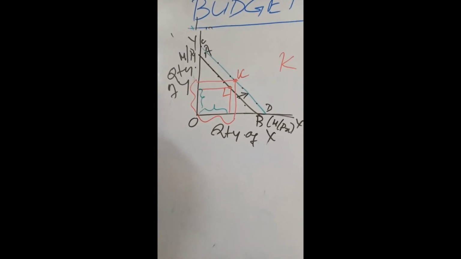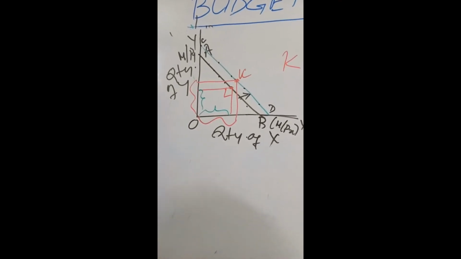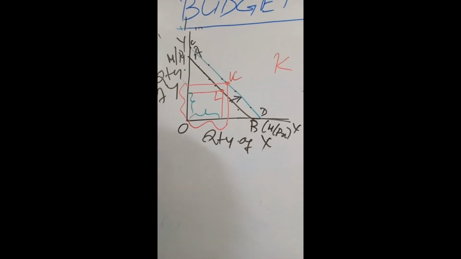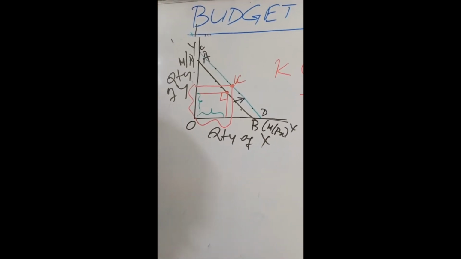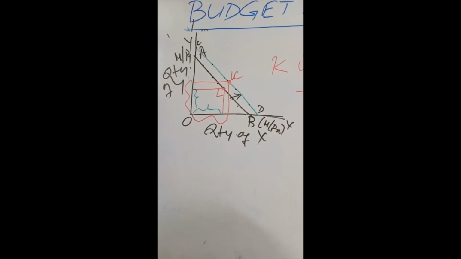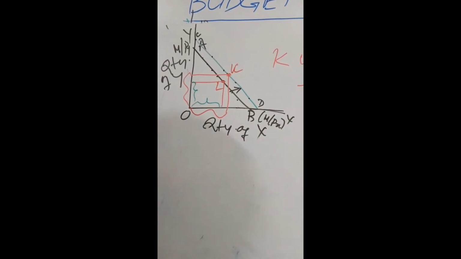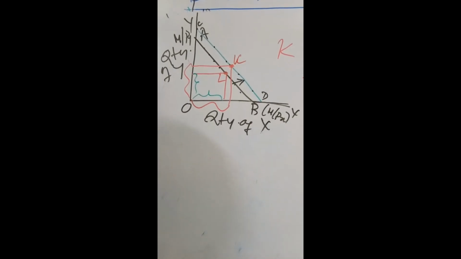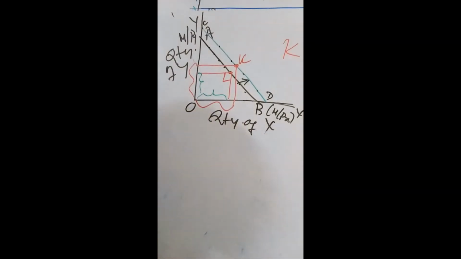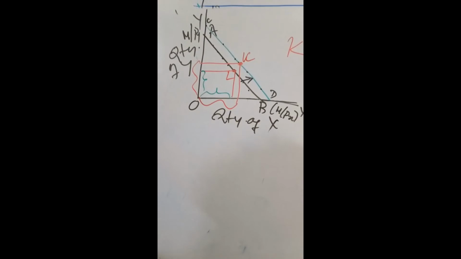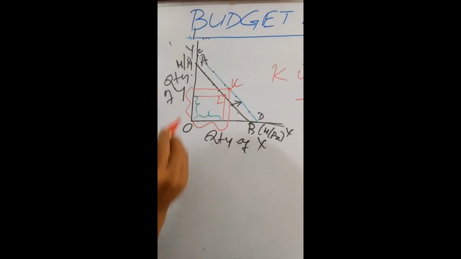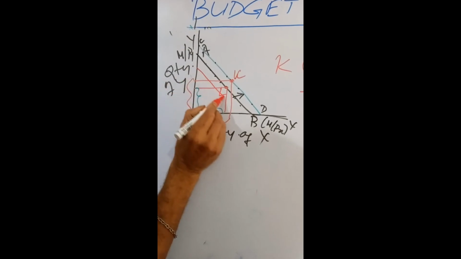On the other hand, if income of the consumer falls without any change in the prices of the commodities, then the consumer will be able to purchase less of both the commodities. In that case, the budget line or the price line will shift parallelly leftward. So if income of the consumer falls, prices remaining constant, the new budget line will be like this.